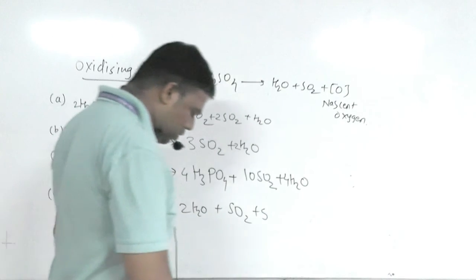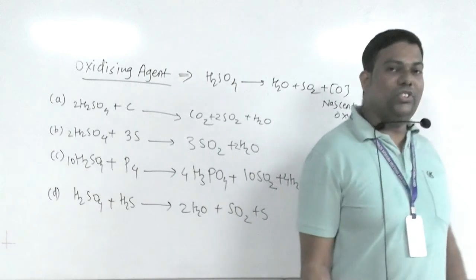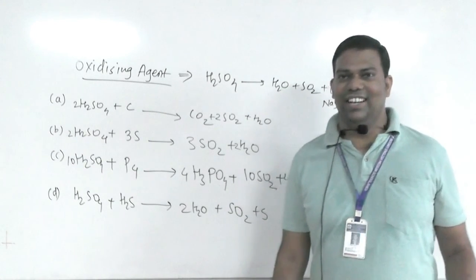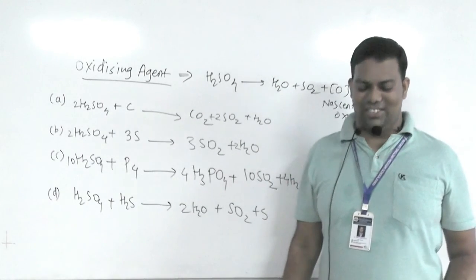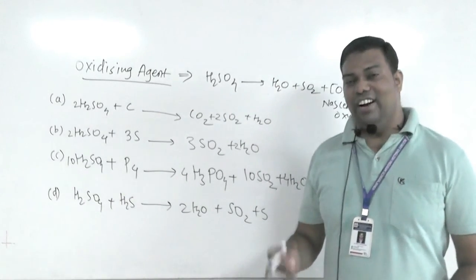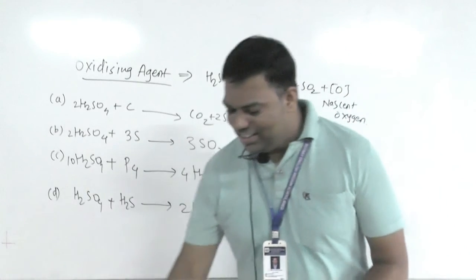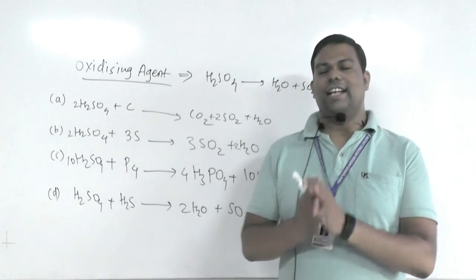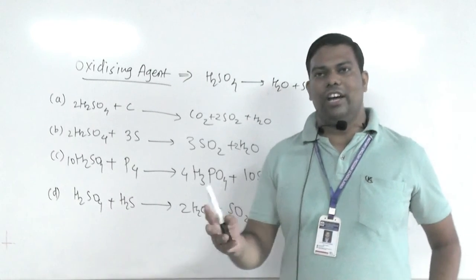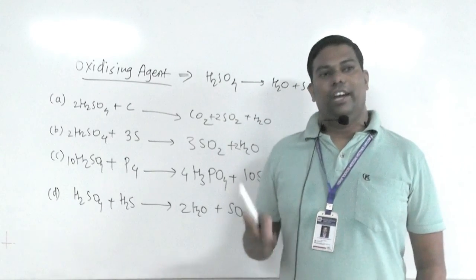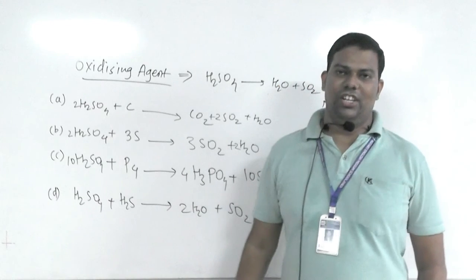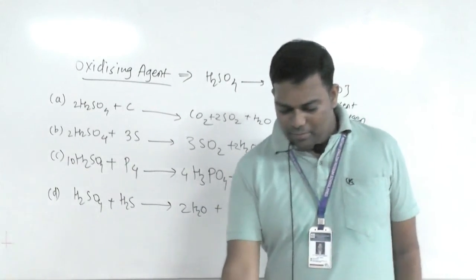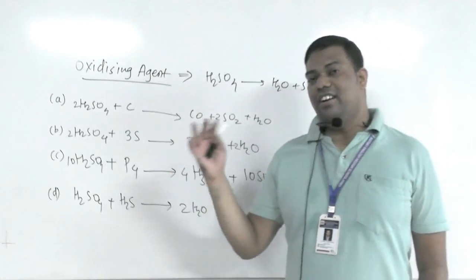Now our next point is the uses of sulfuric acid. Sulfuric acid is widely used in fertilizer industries, in the refining of petroleum products, and in drugs and dyes.